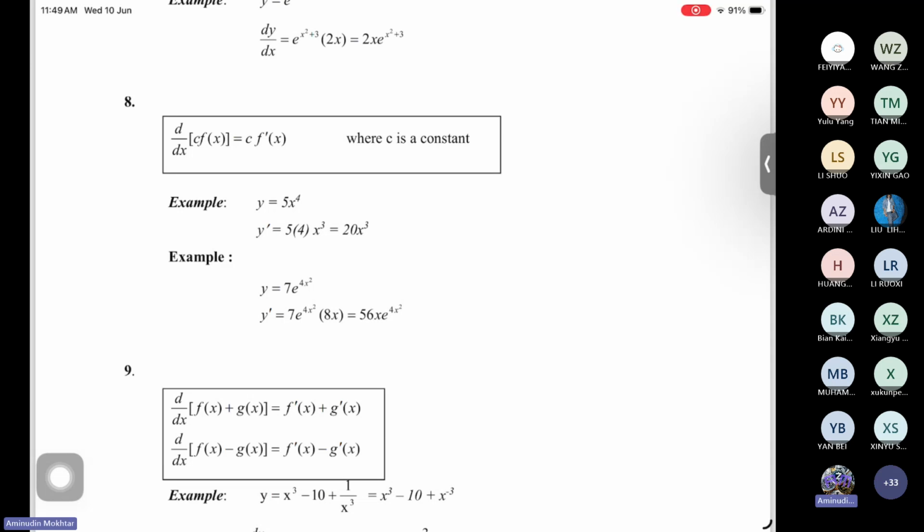You can refer to page 4, page 5, page 6, and page 7. I will explain one by one the rules of differentiation. Please refer to page 1, page 4, 5, 6, and 7. There are four pages here.